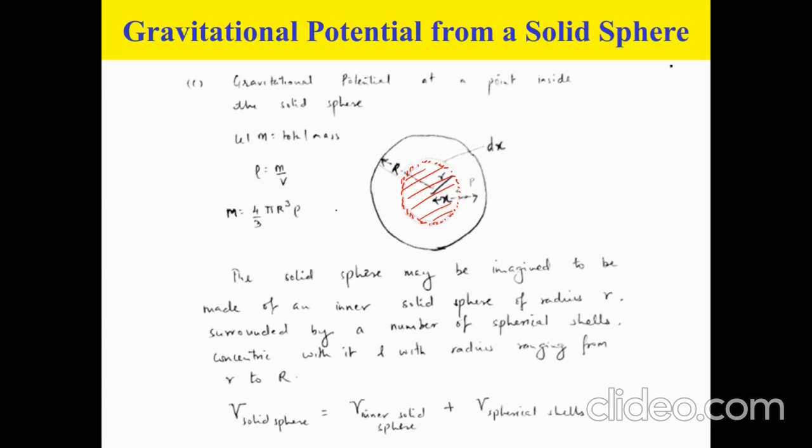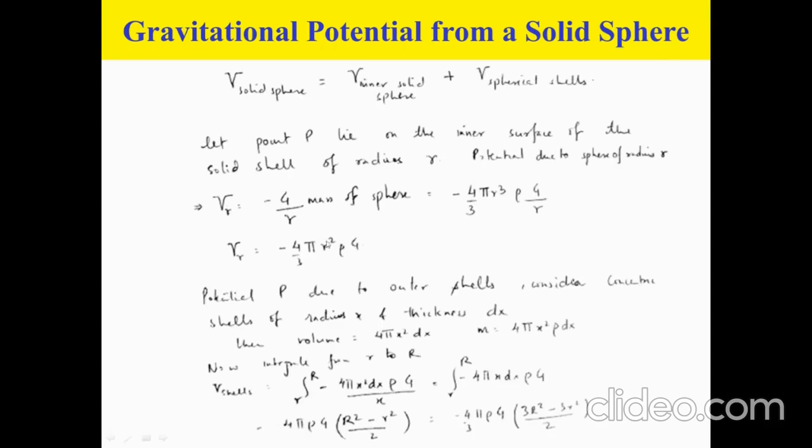Let capital R be the complete radius of this solid sphere. From our previous discussion, the value for the inner solid sphere is essentially G times the mass of the sphere divided by r.